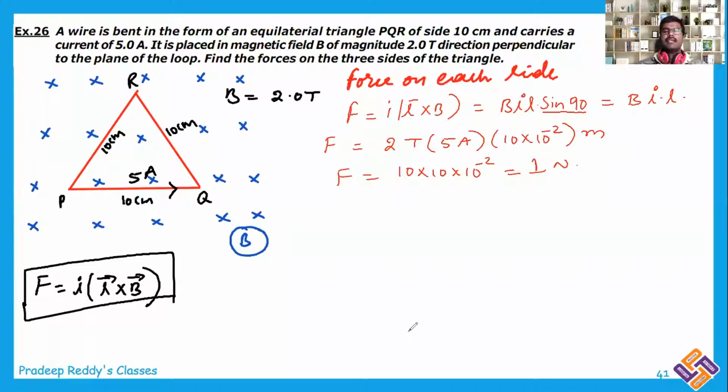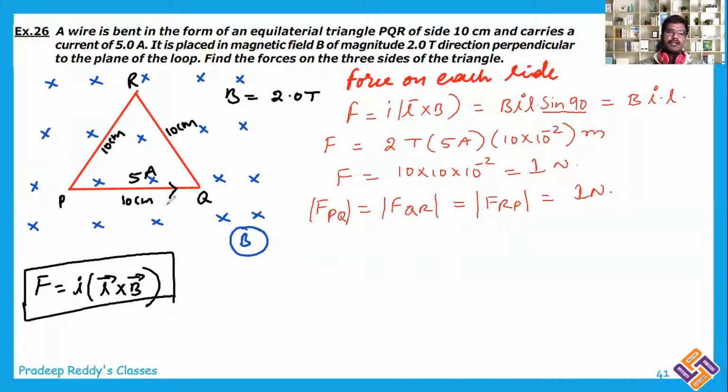The force on each side of the loop is 1 Newton. That means the force on PQ in magnitude is equal to the force on QR, which is equal to the force on RP, which is equal to 1 Newton.